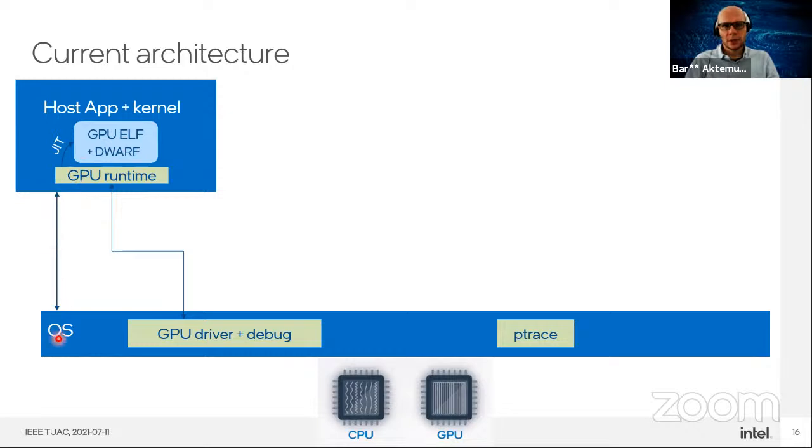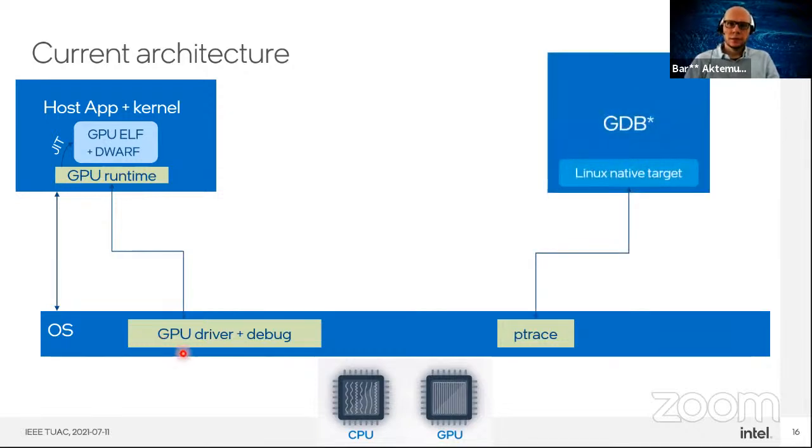The application is running on top of the OS, and the GPU runtime talks to the GPU driver so that the code can be offloaded to the GPU. And then there's the debugger. The debugger inside has a native target description, which uses ptrace to be able to debug the host part of the application, the part that runs on the CPU.